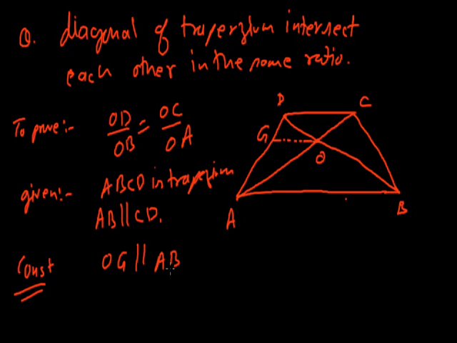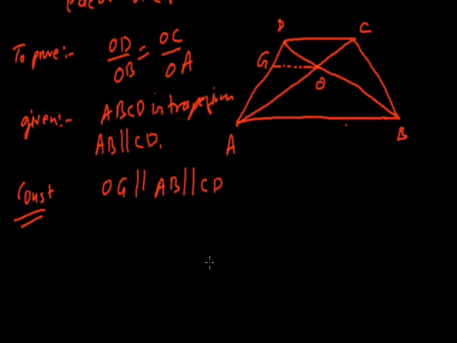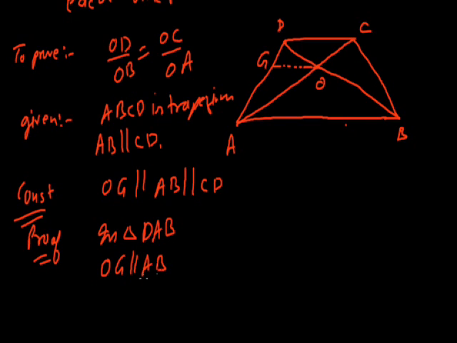As AB and CD are parallel, OG is parallel to AB as well as CD. Now we consider triangle DAB. In triangle DAB, OG is parallel to AB. Now by BPT, we can say that DG upon GA is equal to OD upon OB.